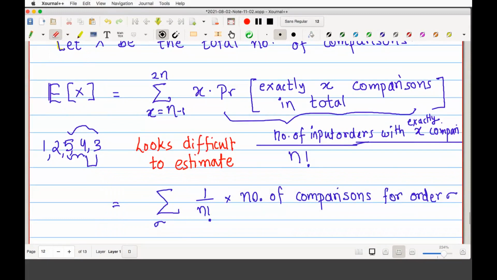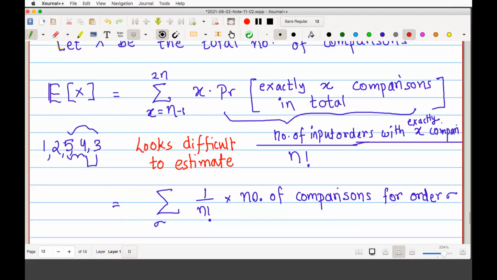Each permutation is equally likely, 1 by n factorial. And then how many comparisons you are making in that particular permutation sigma. So you can verify that these two formulas are actually equal to each other, and that's what we're trying to estimate.